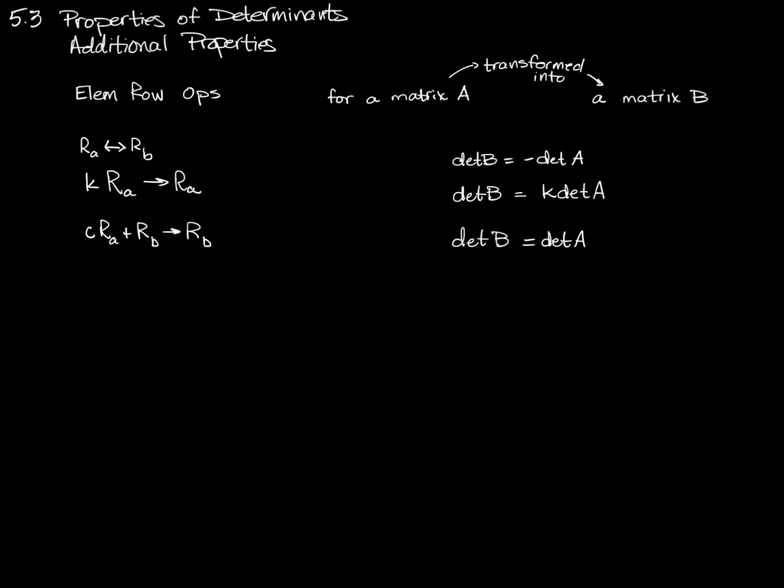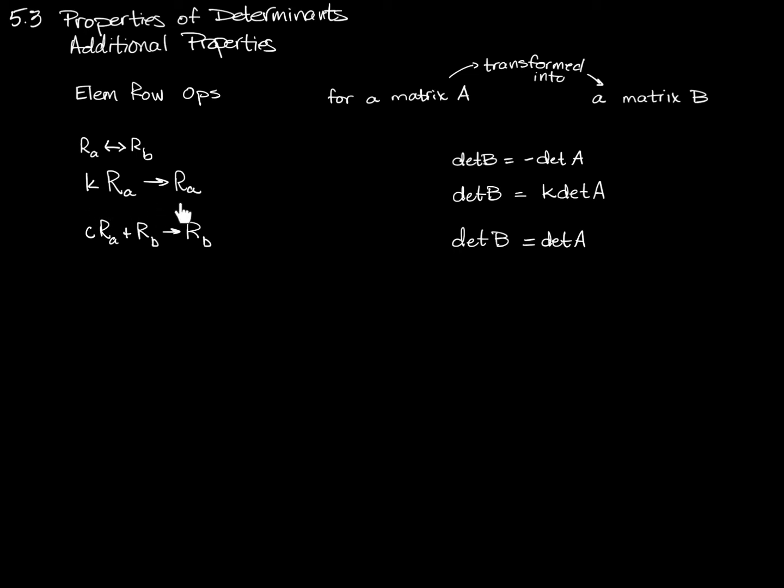And lastly, if I add a scalar multiple of a row to another row, say I add row B to some constant times row A, and make that my new row B, then the determinant of the resulting matrix doesn't change from the determinant of the original matrix.